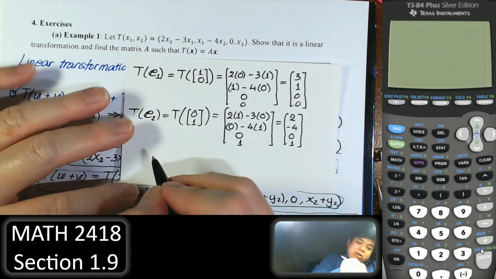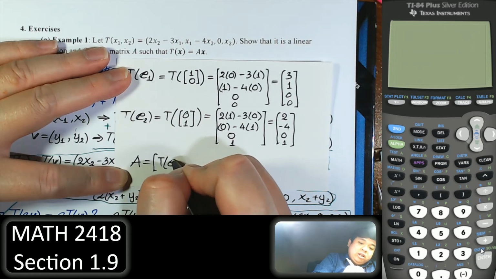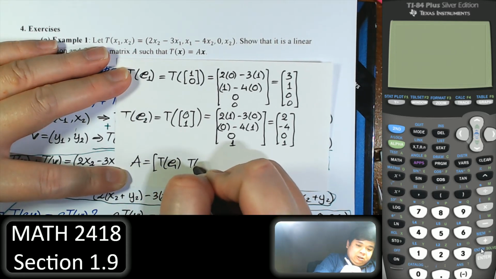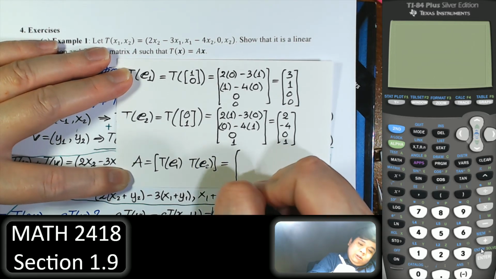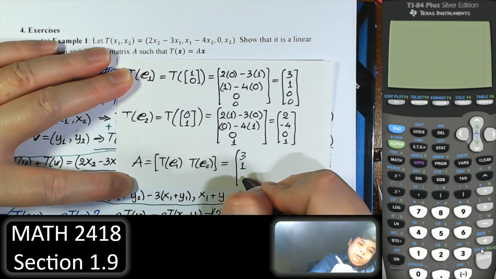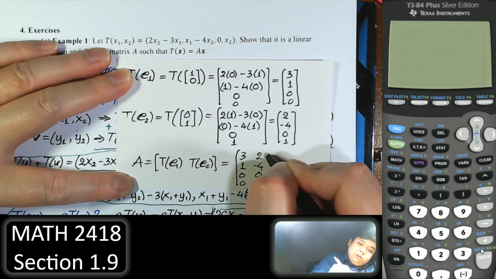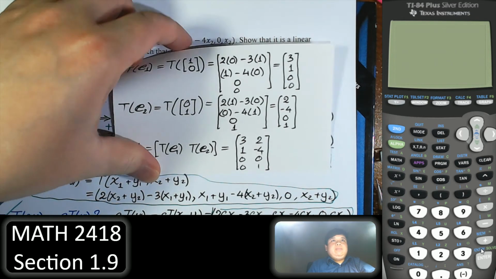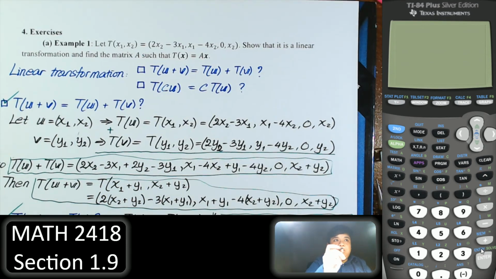And finally the matrix, we just stack those two next to each other. Right. So that's how we find the matrix corresponding to the linear transformation.